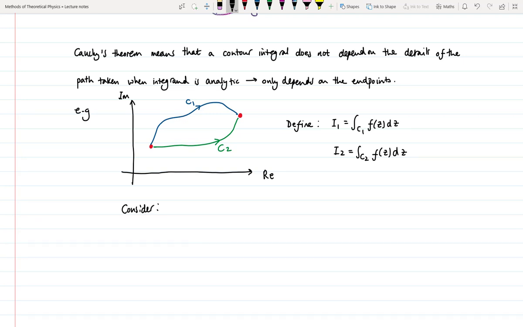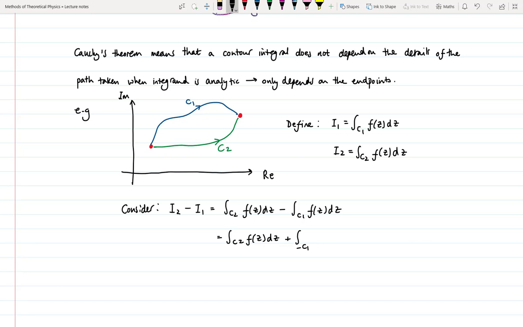What do we get if we take I2 minus I1? We put the integrals in. We have the integral along C2 minus the integral along C1. We can rewrite this where the first term doesn't change, but for the second term we can instead traverse the path C1 in the opposite direction.